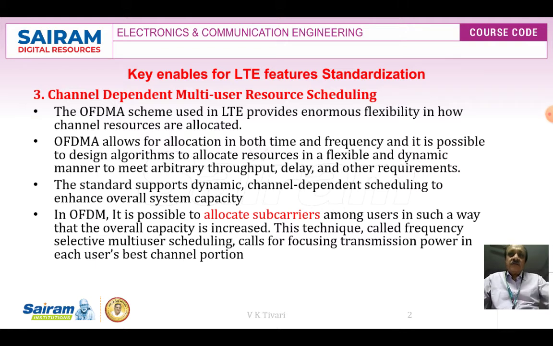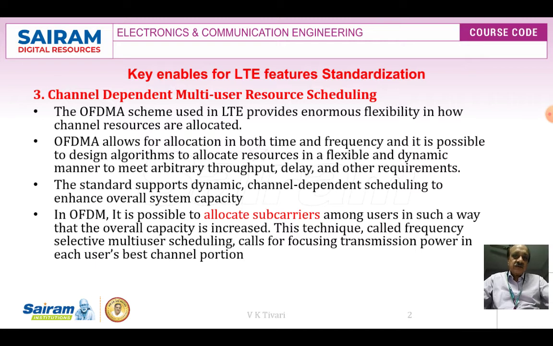In OFDM, it is possible to allocate subcarriers. If we divide the carrier into subcarriers, the capacity of the channels allocated will increase among users in such a way that overall capacity increases.